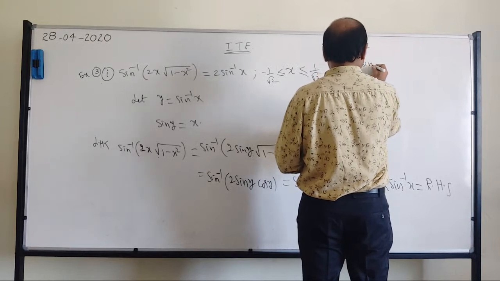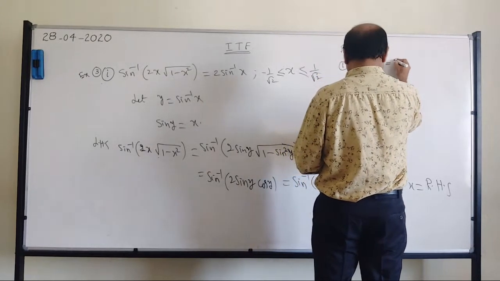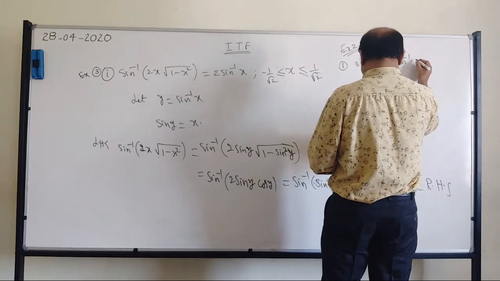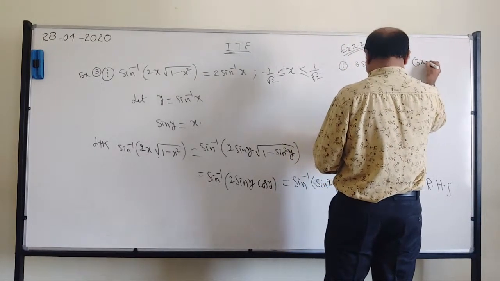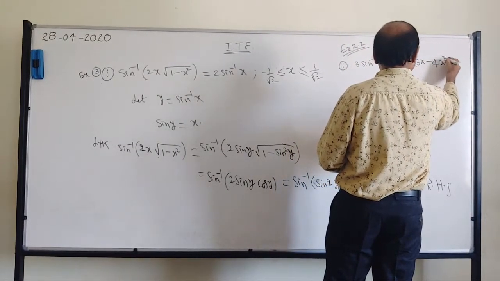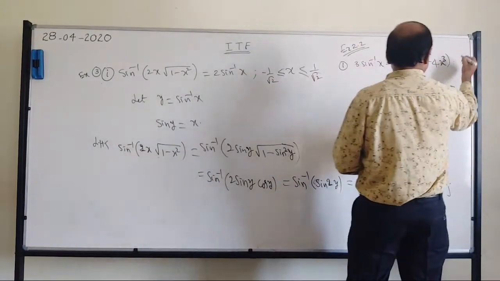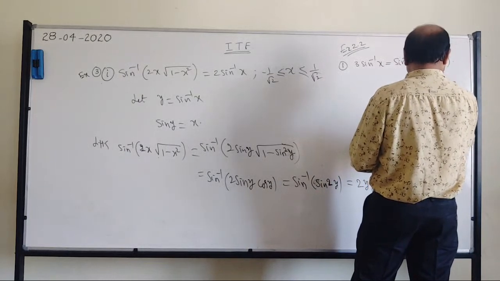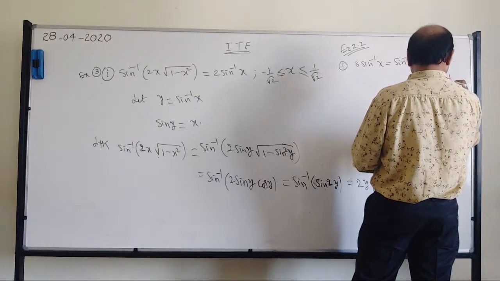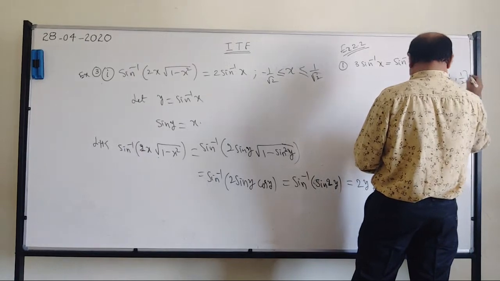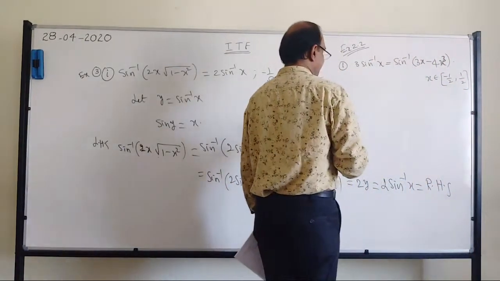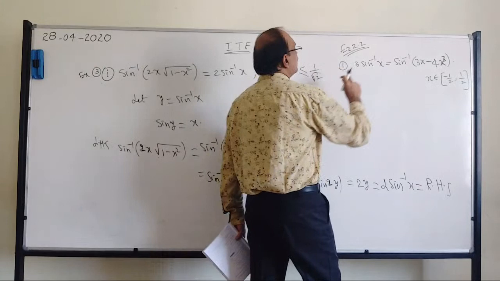Homework. 3 sin inverse x is equal to sin inverse of 3x minus 4x cube. Okay? This is the question. x belongs to minus 1 by 2 to 1 by 2. You see here, what happens?